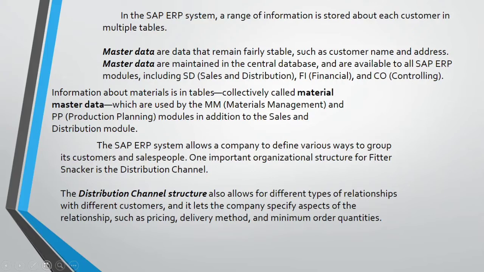The SAP ERP system allows a company to define various ways to group its customers and salespeople. These groupings are called organizational structures. So, one important organizational structure for Peter Snacker is the distribution channel.